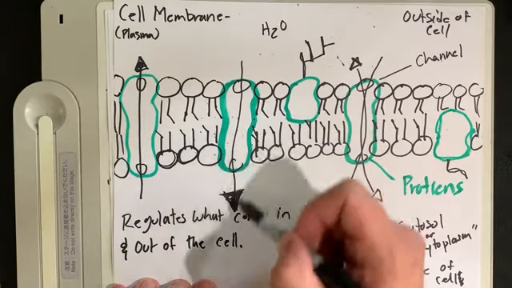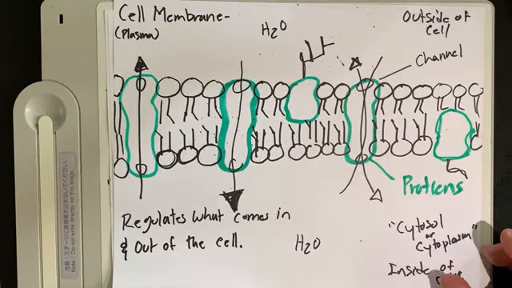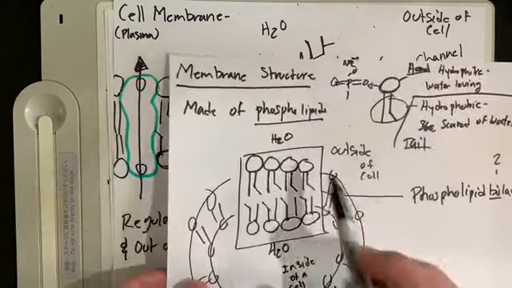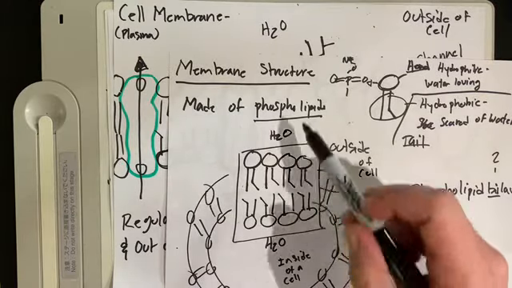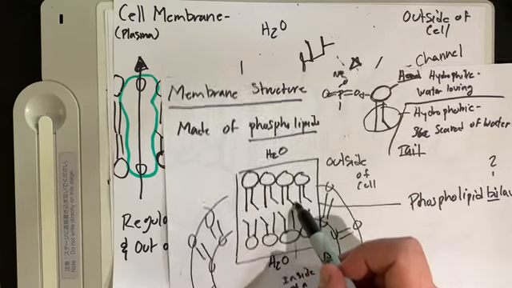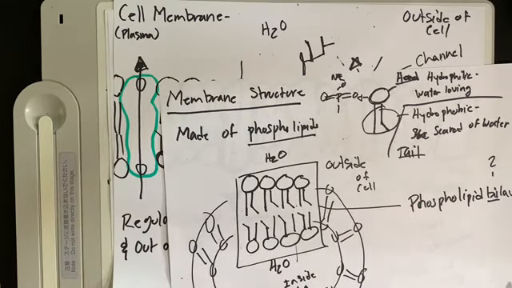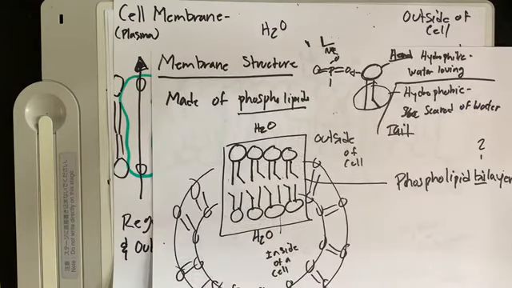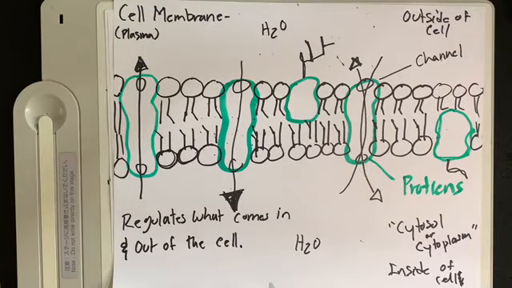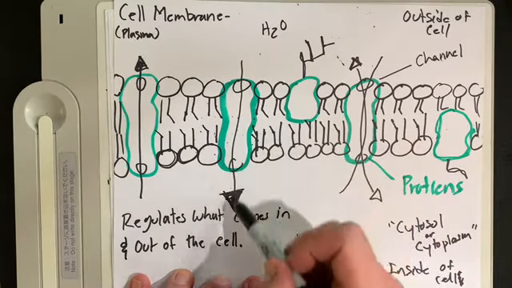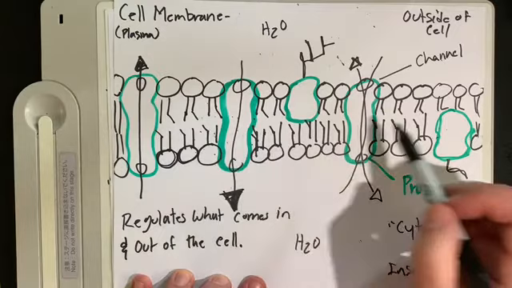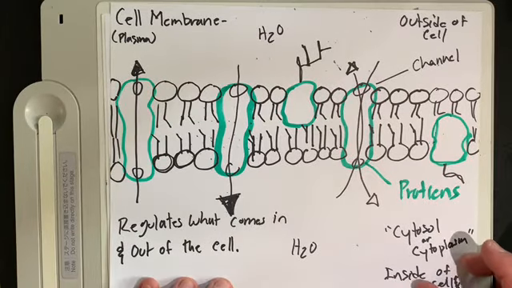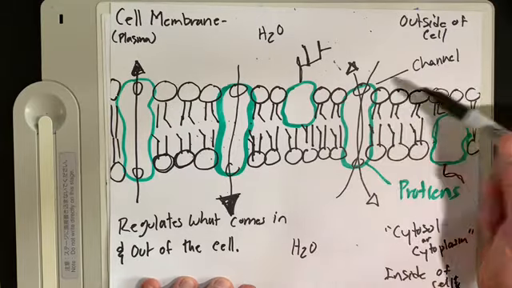And it does that through these channel proteins, where if you are just a regular phospholipid bilayer, only certain things can come in and out of this, and they have to be pretty small because they have to go in between these lipids here. And we'll actually see how sometimes water and other things can do that. But your cell needs big things like nutrients and food particles and sugars and all that kind of stuff to stay alive. And so these things are much bigger, and they've got to be able to get in and out of the cell. And so they do that through these what we like to call transmembrane proteins, or these channel proteins. We'll just call them channel proteins.